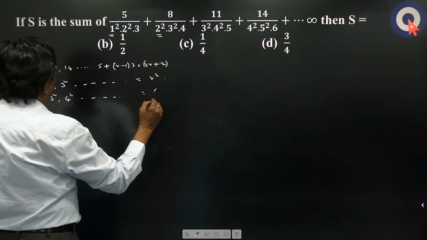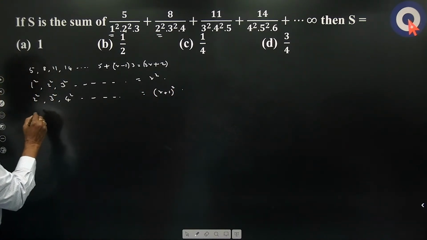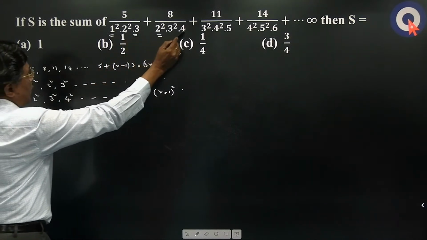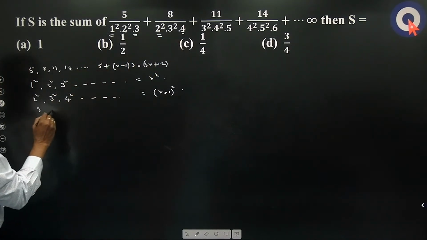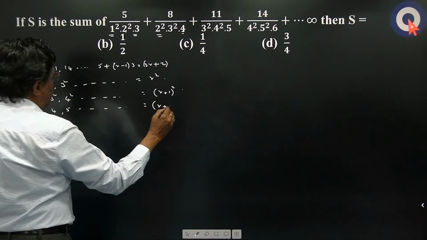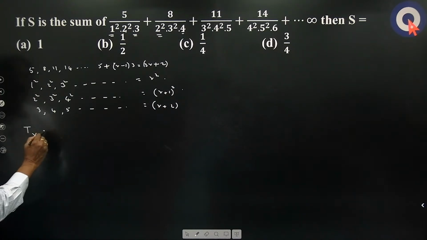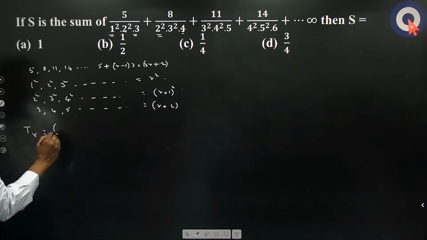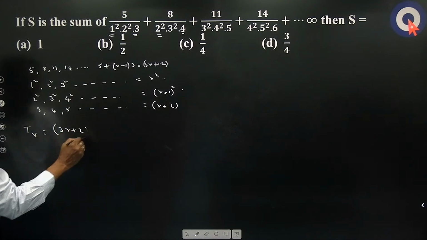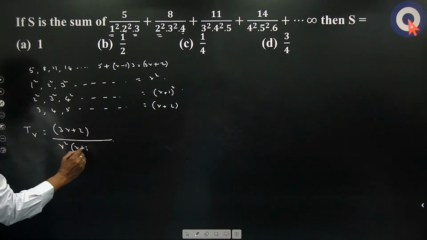And this has to be r plus 1 whole square when it comes to the rth term. Now these factors 3, 4, 5 and so on, when it comes to the rth term, it has to be r plus 2. So therefore Tr has to be 3r plus 2 by r square into r plus 1 whole square into r plus 2.